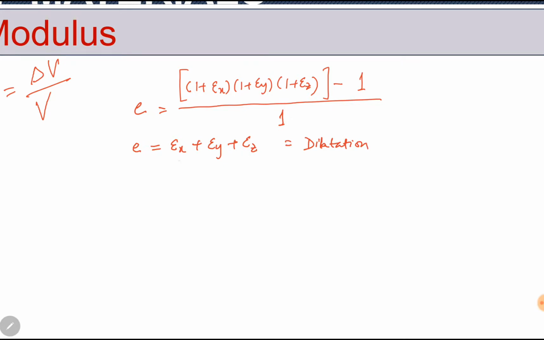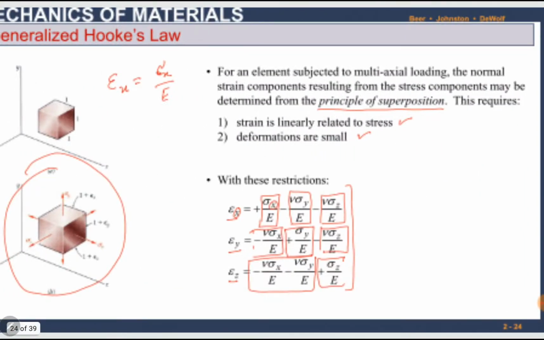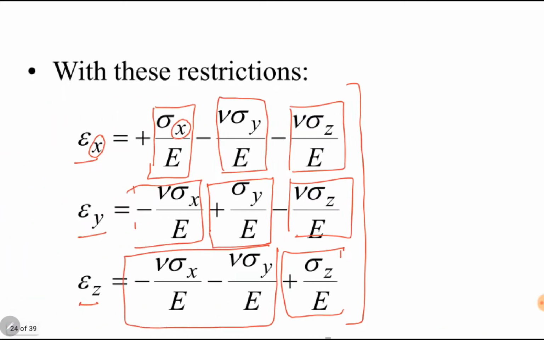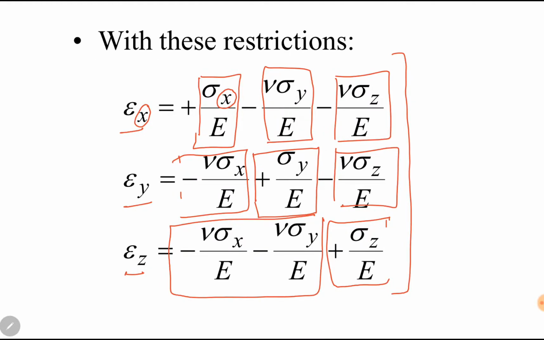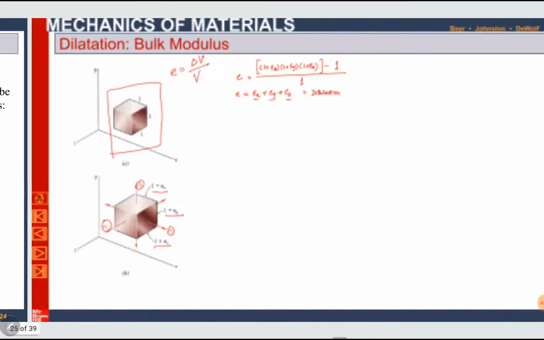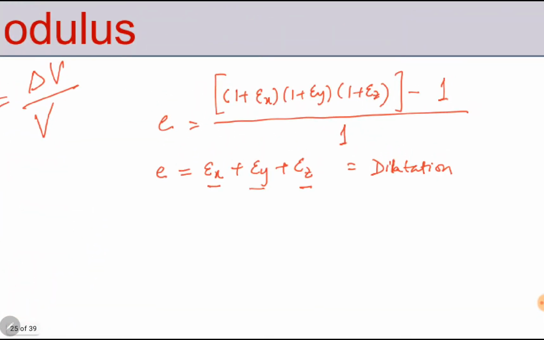If we put epsilon x, epsilon y and epsilon z in terms of sigma x, sigma y, sigma z, nu and E from the generalized Hooke's law expression, and then simplify it, we can get e equal to (1 minus 2 nu) divided by E into (sigma x plus sigma y plus sigma z).